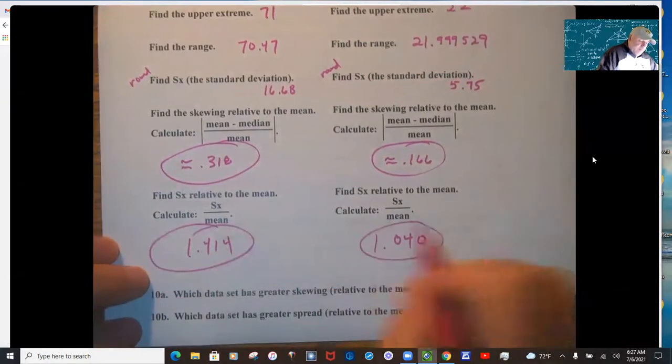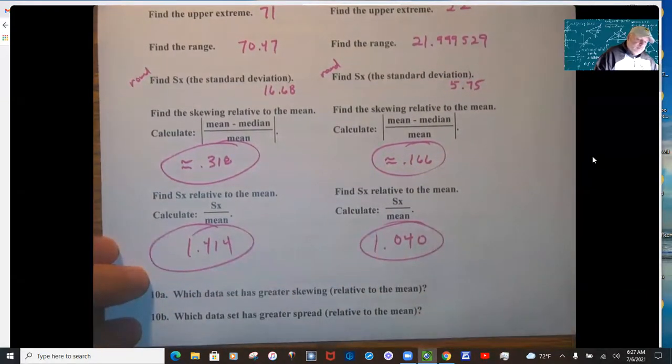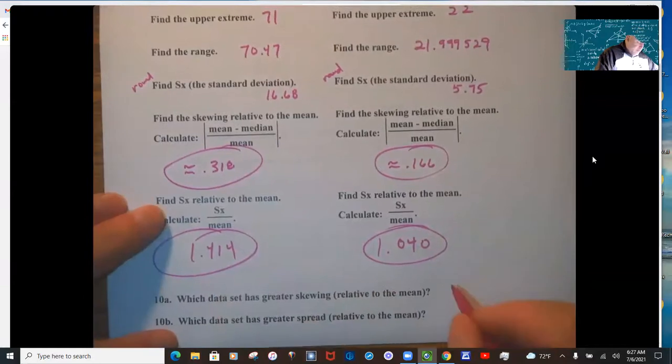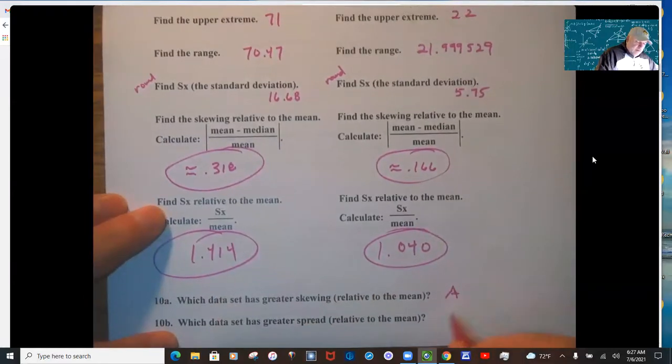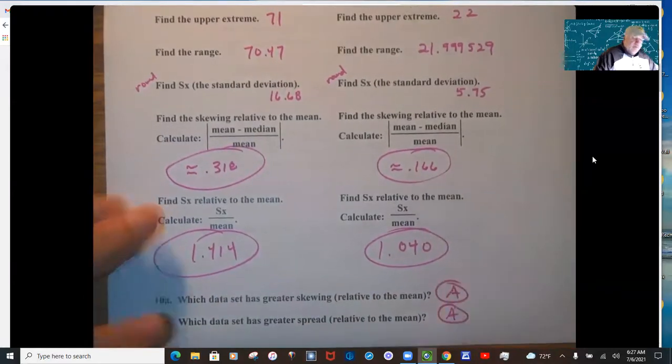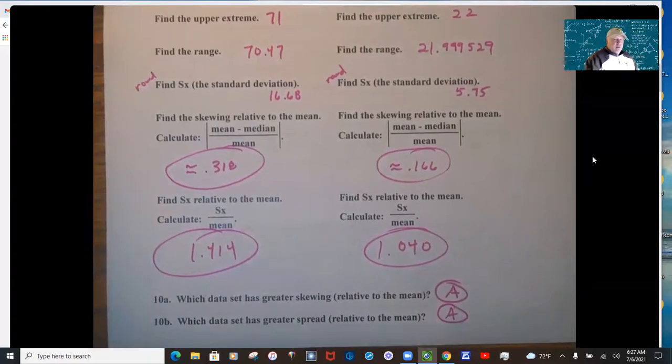And so it looks like A is going to win the argument. It's going to win the skewing and the dispersion competitions, I guess. So data set A is a worse set of data by a very little bit.